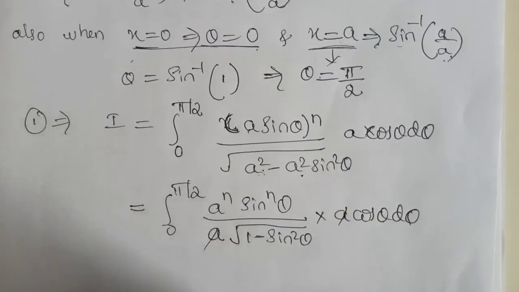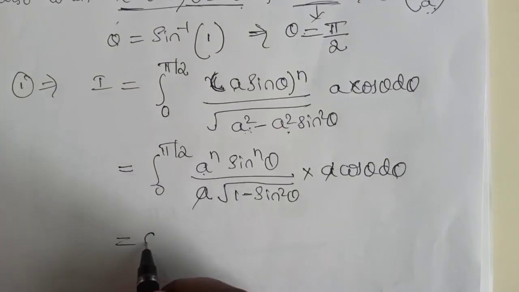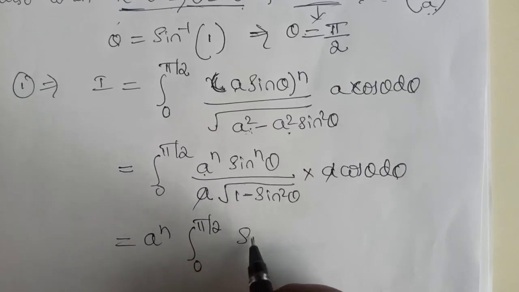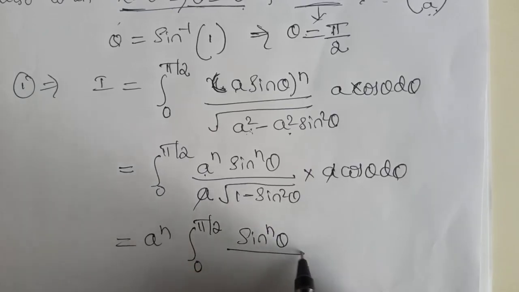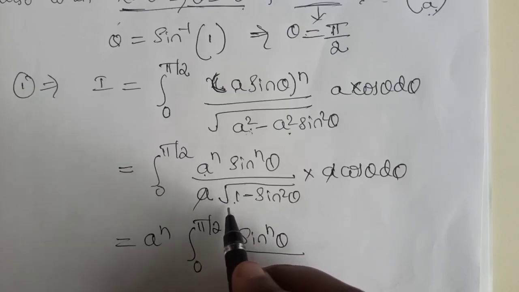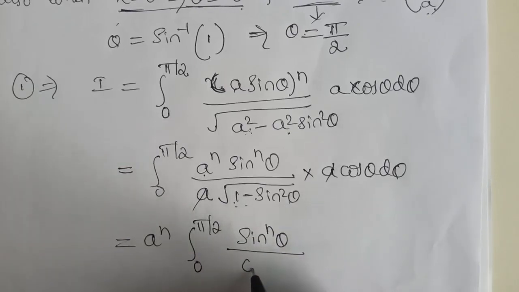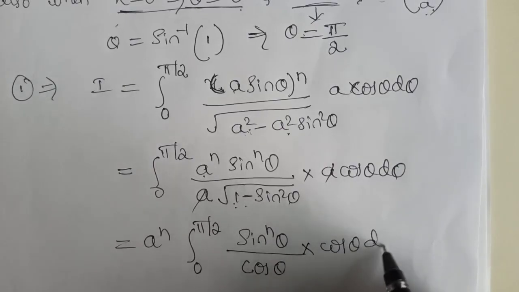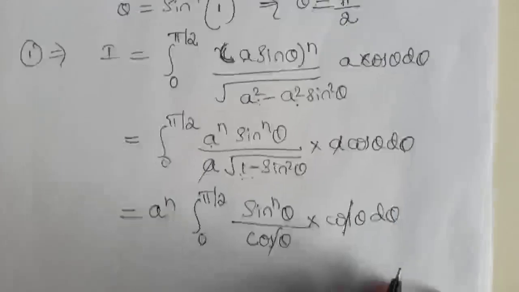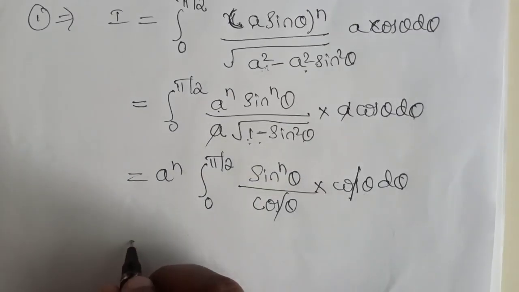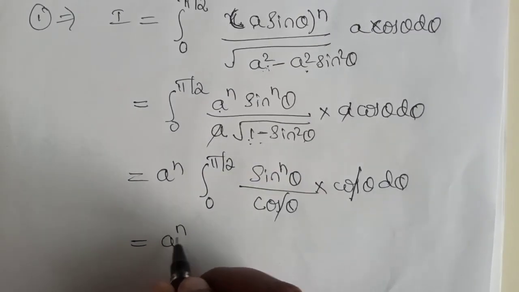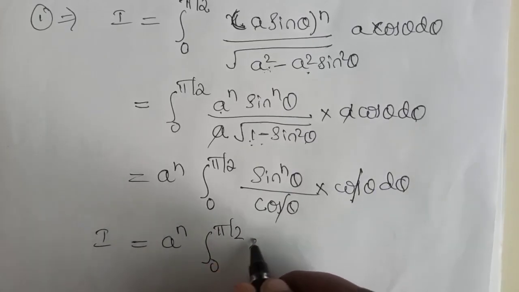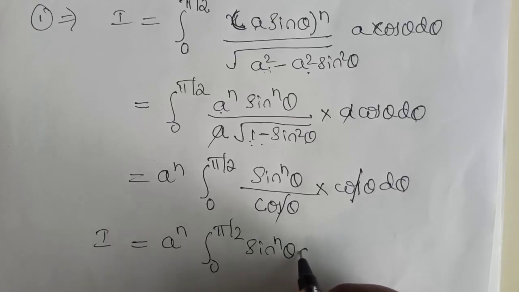This a cancels, we get a power n integration 0 to pi by 2 sin power n theta. In the denominator we know that root of 1 minus sin square theta is equal to cos theta, and this cos theta d theta is as it is. Here cos theta cancels. It can be written as a power n integration 0 to pi by 2 sin power n theta d theta.